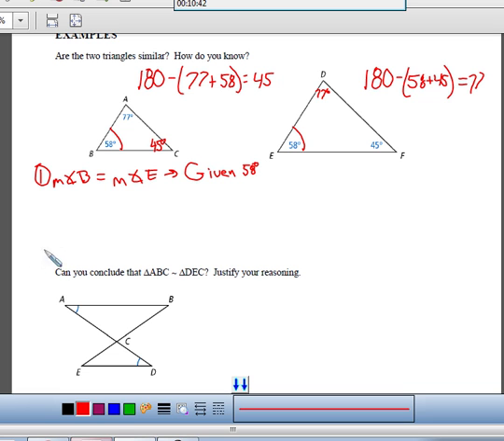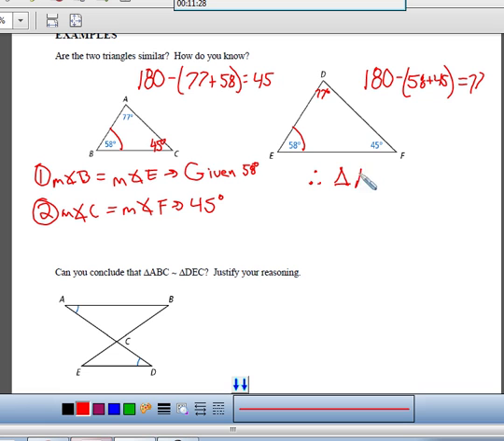I also know, because I found it, that the measure of, I'm going to use this one here, angle C is equal to the measure of angle F. Now if you wanted to just say that they were congruent, just leave the little m off, and you could just say angle C is congruent to angle F. And we found that to be 45 degrees. So because I know that two of the angles are congruent, or two of the angle measures are equal, then I can make this statement.